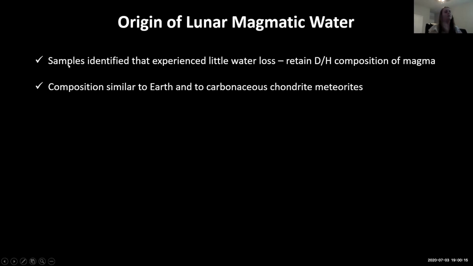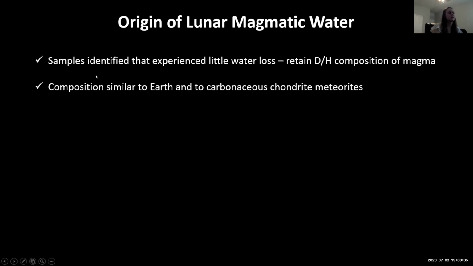In the other instance, for the plutonic samples, we saw that some of those seem to have experienced limited water loss or limited separation of hydrogen isotopes. So their hydrogen isotope signature seems to resemble the composition of the magma from which that rock formed.